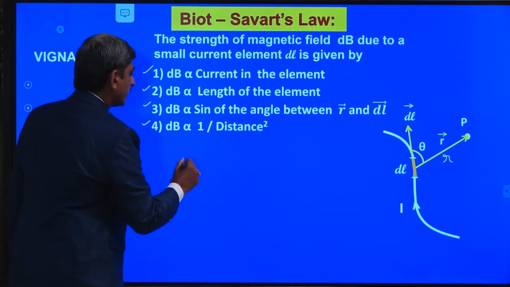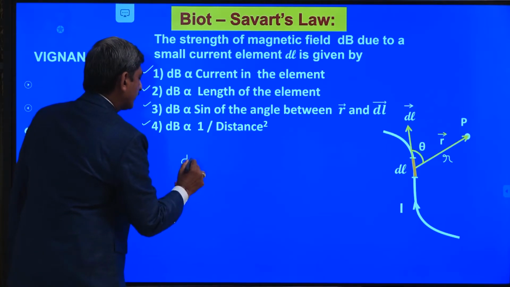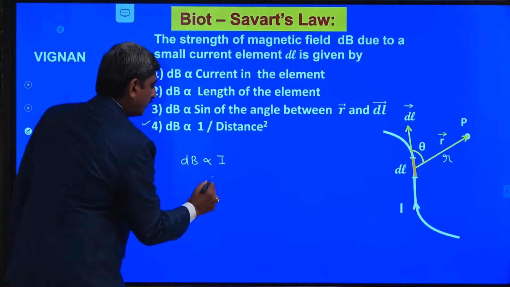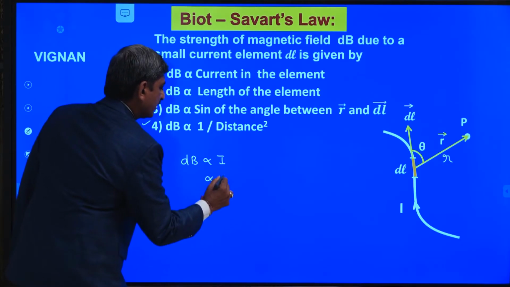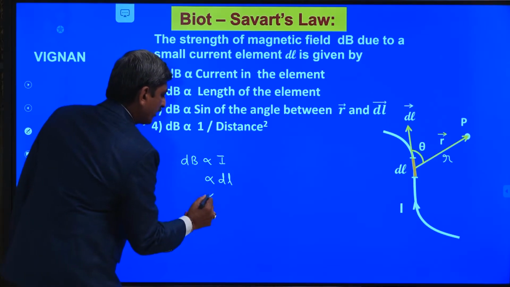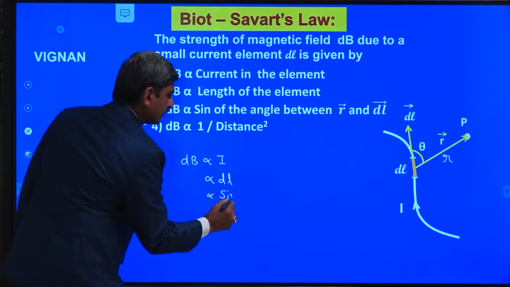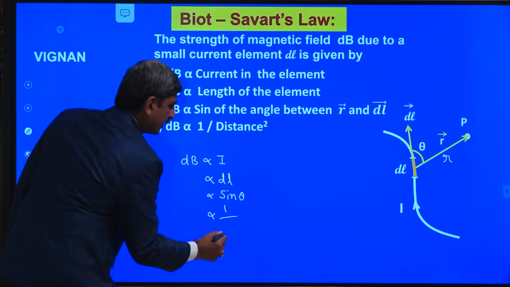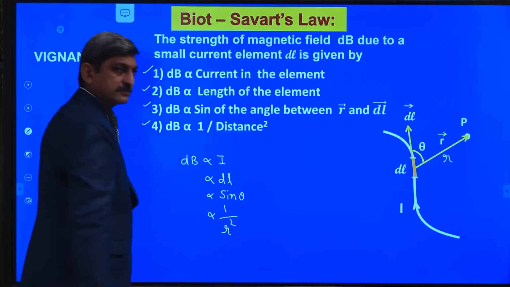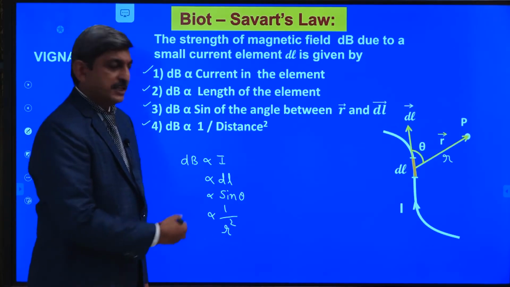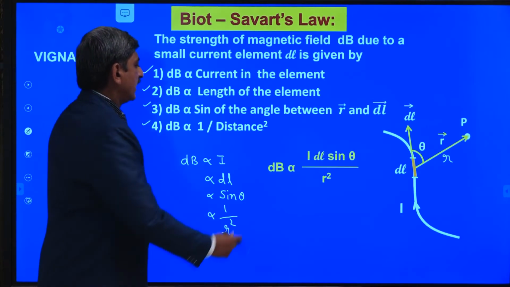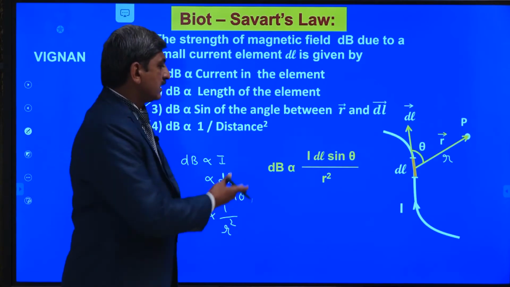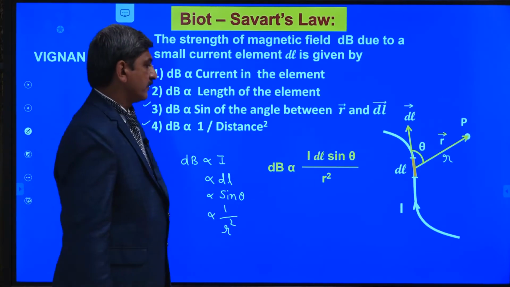Mathematically we can write it as dB is proportional to I, proportional to the length of the element dl, proportional to sine theta, and proportional to 1 by r square. By clubbing these four, we can write dB is directly proportional to I dl sine theta divided by r square.